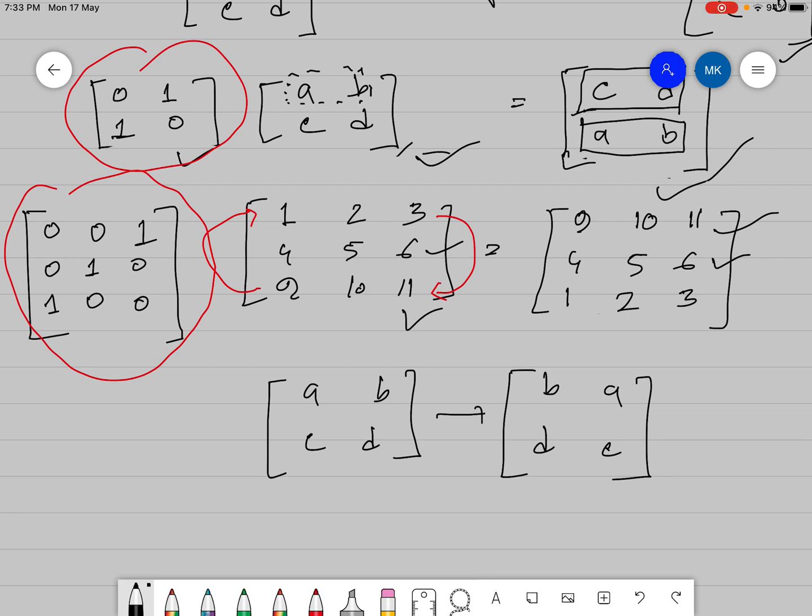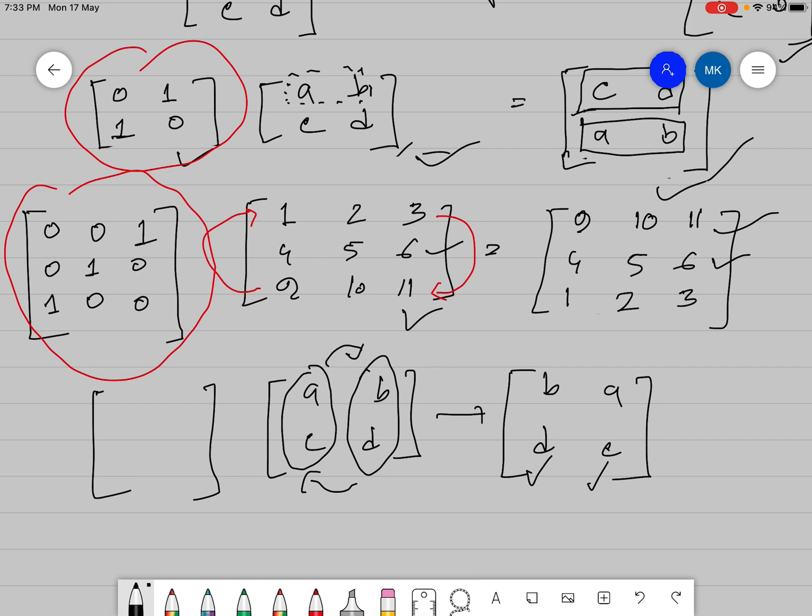The change is your second column has become the first one, and the first column has become the second one, right? So this is the output. So what should be the permutation matrix here that would do this operation?